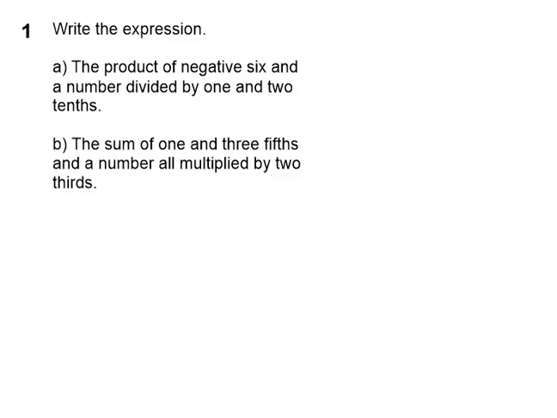Shrink that down just a little bit. It says the product of a -6. So product means multiplication. So the product of -6 and a number will be actually just treated like a coefficient. -6x divided by 1 and 2/10.